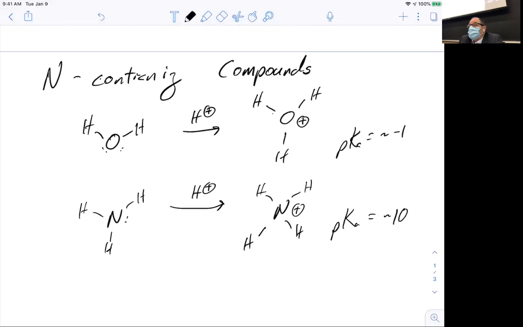Now, this is important in biological systems because you want more or less neutral systems, right? You don't want highly acidic or highly basic solutions. So we often, not anytime, but often you'll see nitrogen used as what we would call a proton sink, right? It's a proton transfer agent.